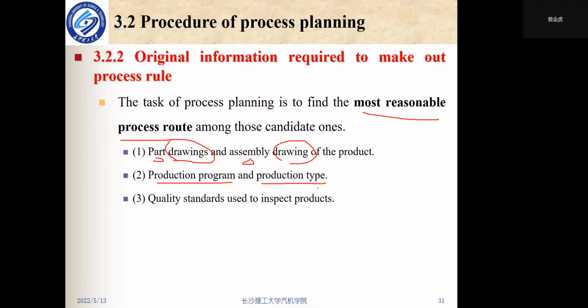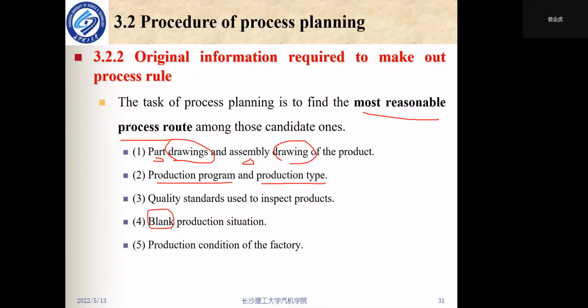And the third one is the quality standards used to inspect products. And the fourth, blank production situation. Blank part comes from raw materials, and the fifth is production condition of the factory. And the last one is development of current production technique at home and abroad.